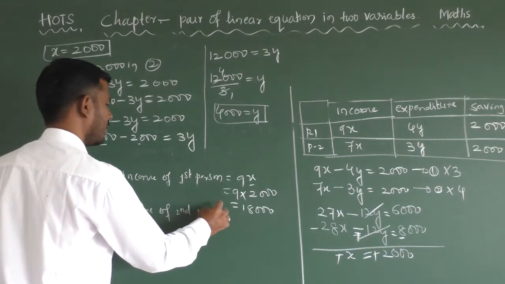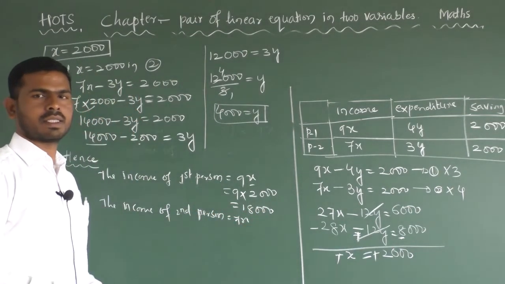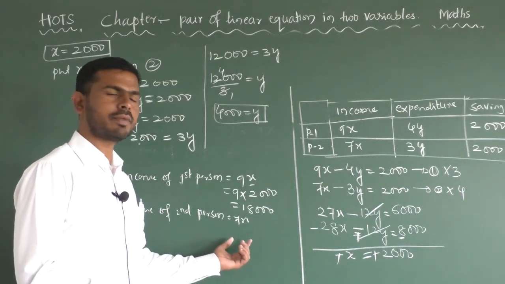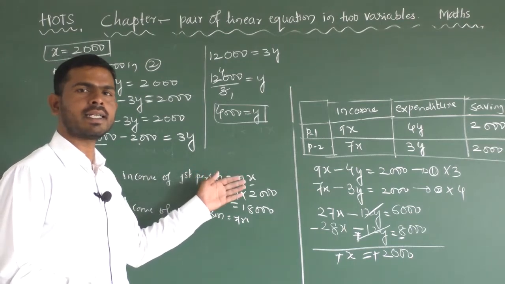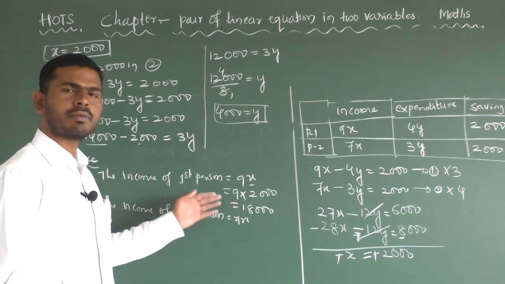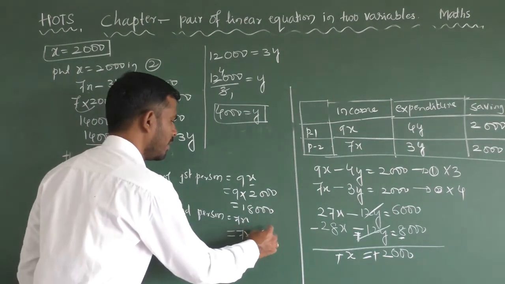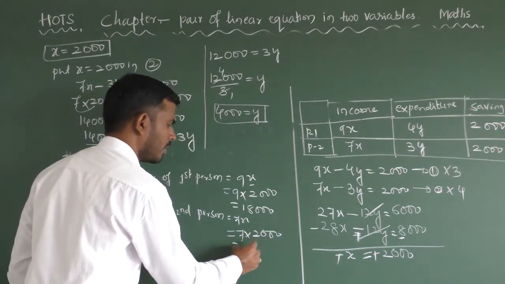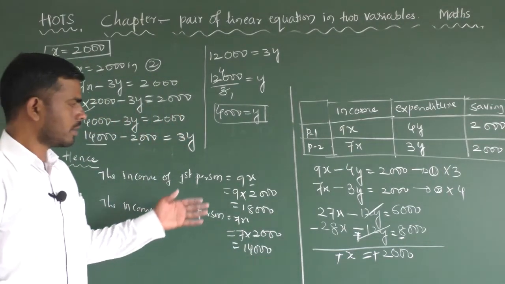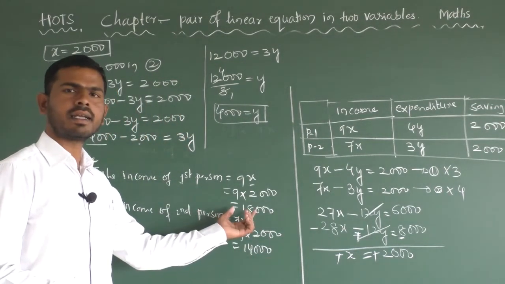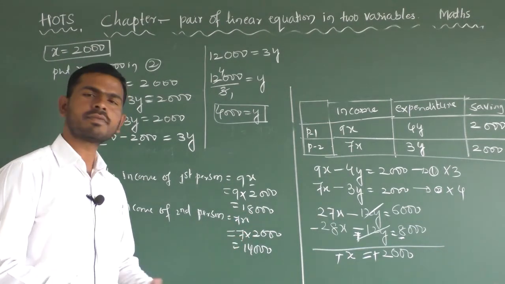Next, the income of the second person is 7x. In the earlier step we considered the income of the first person as 9x and the income of the second person as 7x. So 7 into 2000 is 14,000. So the monthly salary of the first person is 18,000 and of the second person is 14,000.